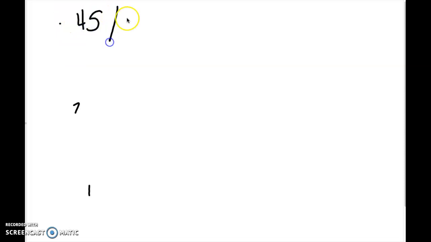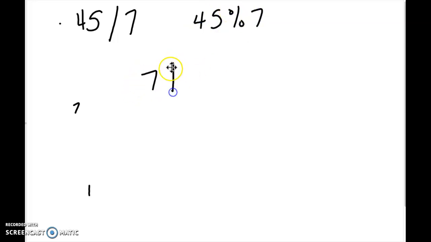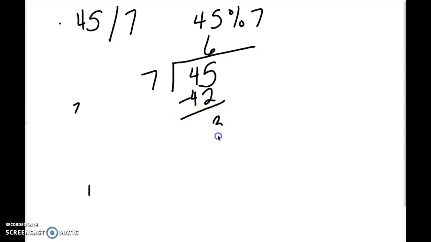45 and 7. So we're going to talk about 45 divided by 7 and 45 modulus 7. So let's do this. If I take 45 and divide it by 7, I get 6, and I do the math here, multiply those two together, subtract, and I get 3. This right here is the answer to the division problem.